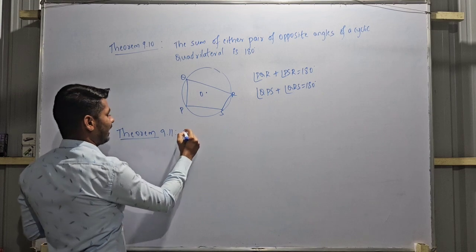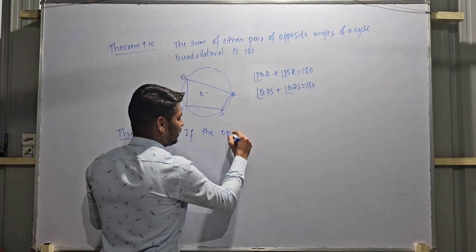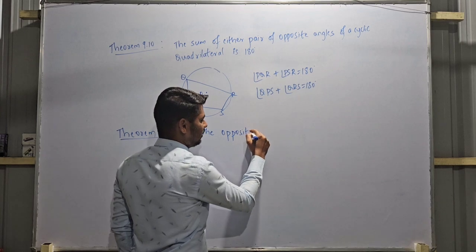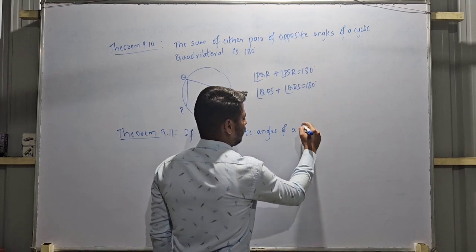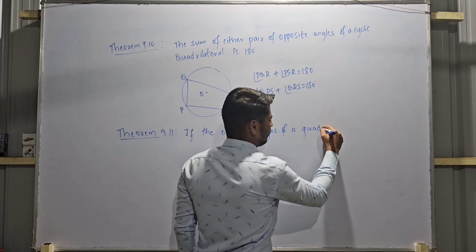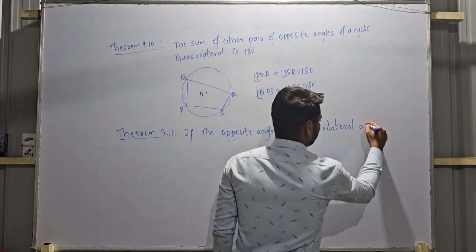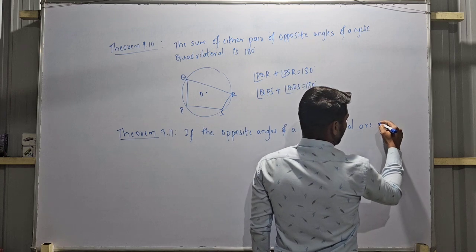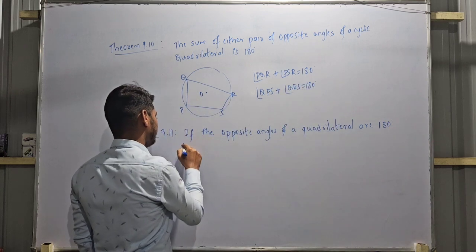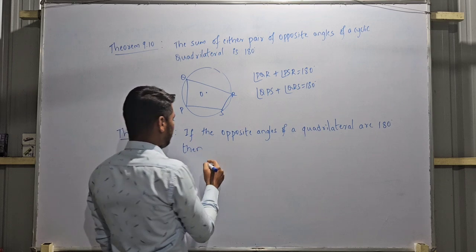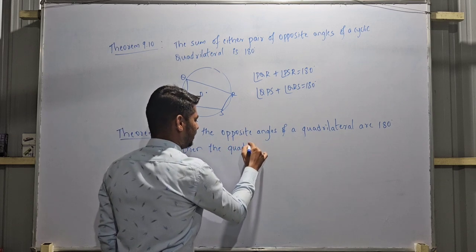If in a quadrilateral the opposite angles of a quadrilateral are 180, then the quadrilateral is cyclic.